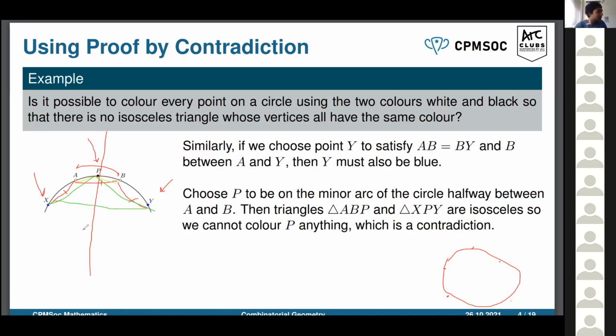And it turns out, if you look at the blue points, you can't have P being blue because then the green triangle will be all blue points. But also P can't be white because then the yellow triangle will have all white points. This means we can't give any color to P, so this is our contradiction.